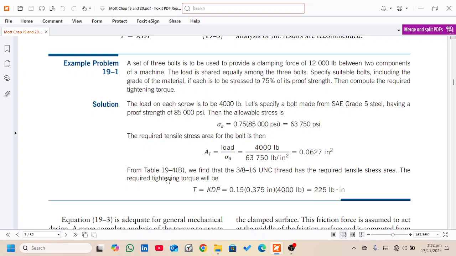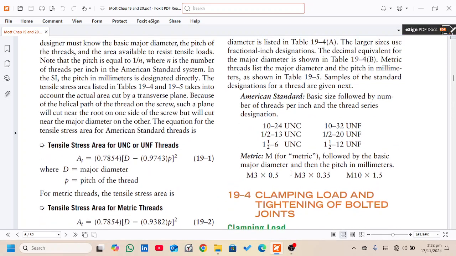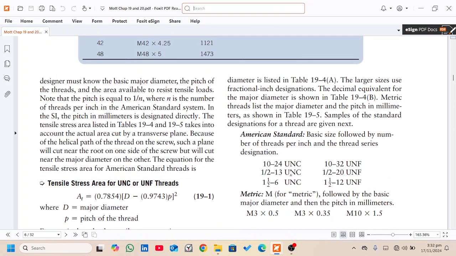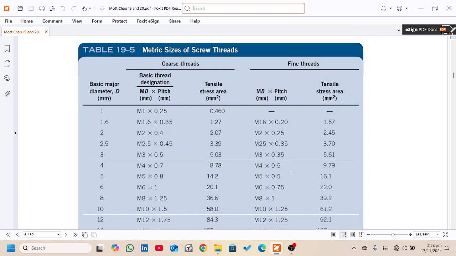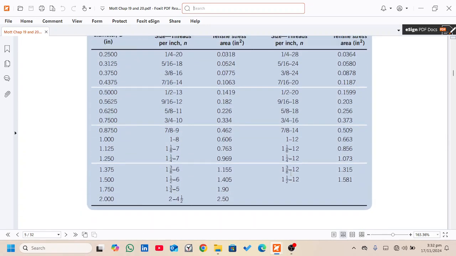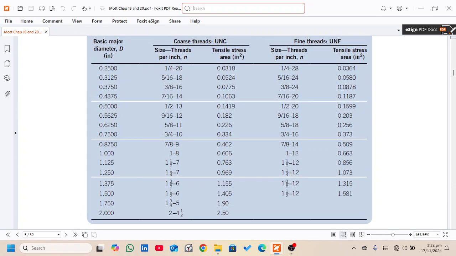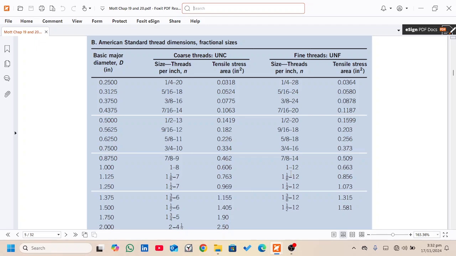So if we have to know about the table, we can go to the table. So for this diameter it is 3/8-16 UNC coarse thread, so we have to use this one.